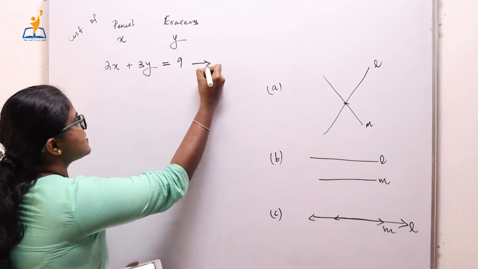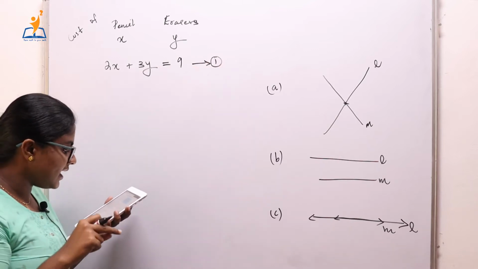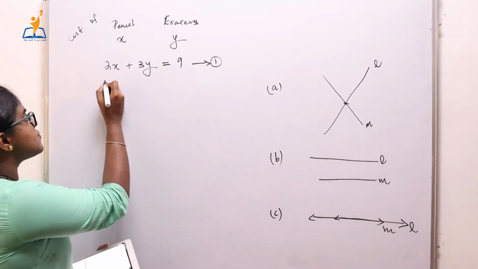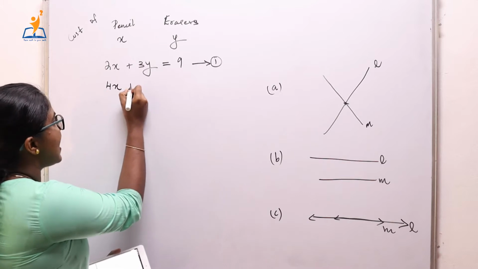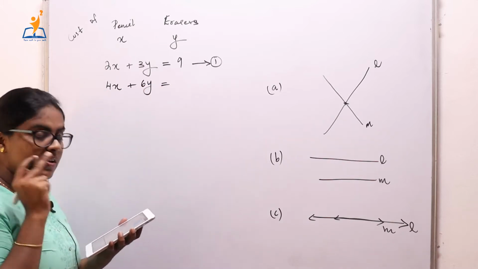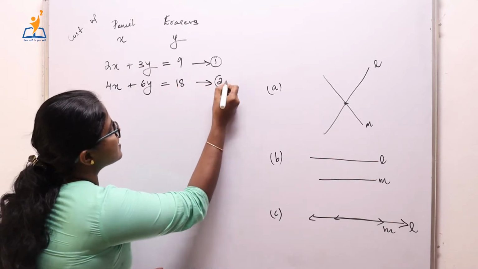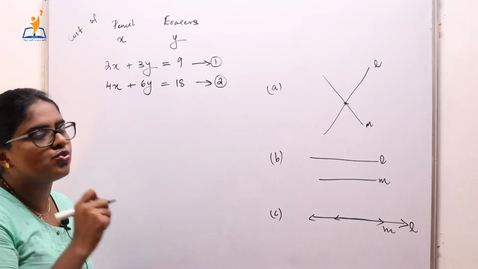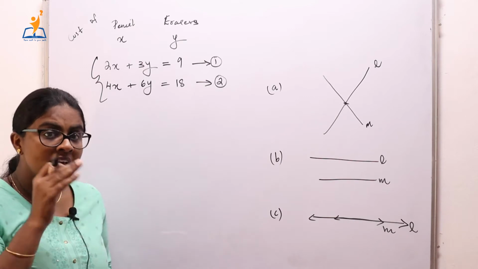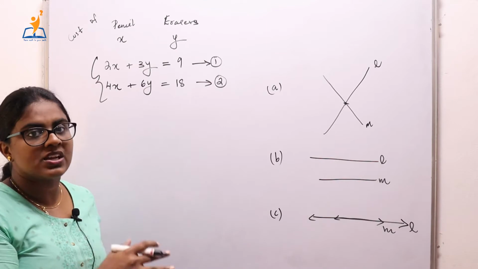So this is the first equation in two variables. In the case of Sonali, she bought 4 pencils and 6 erasers, so 4x and 6y, and the total cost was ₹18. So we got two linear equations in two variables, and together they form a pair of linear equations in two variables. Now we know how to represent this situation graphically.